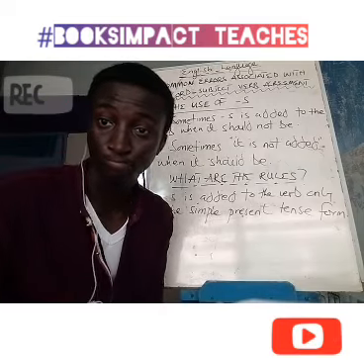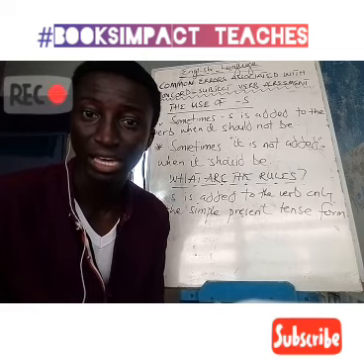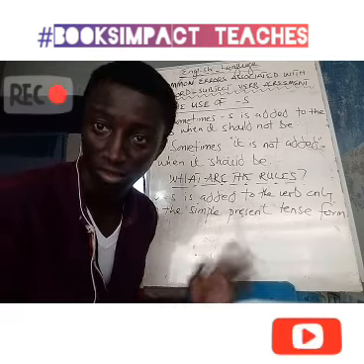Very good. So that is the first rule that you have to know. S is only added to the verb only when it is in the simple present tense form.